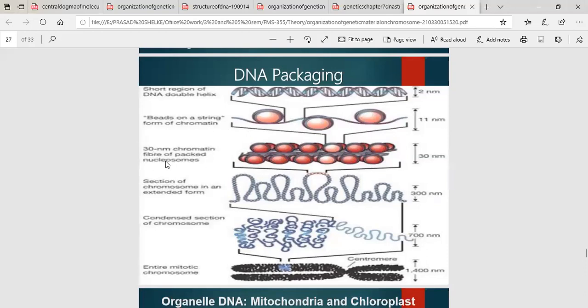Then in the third layer you can see the 30 nanometer chromatin fiber of packed nucleosomes. Then the section of chromosome in an extended form, and after supercoiling, the condensed section of the chromosome with condensed chromatin structure. That's how DNA is packed in the chromosome.